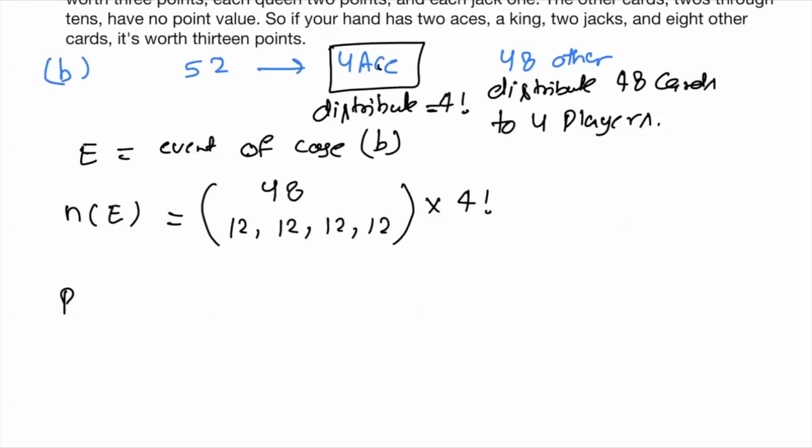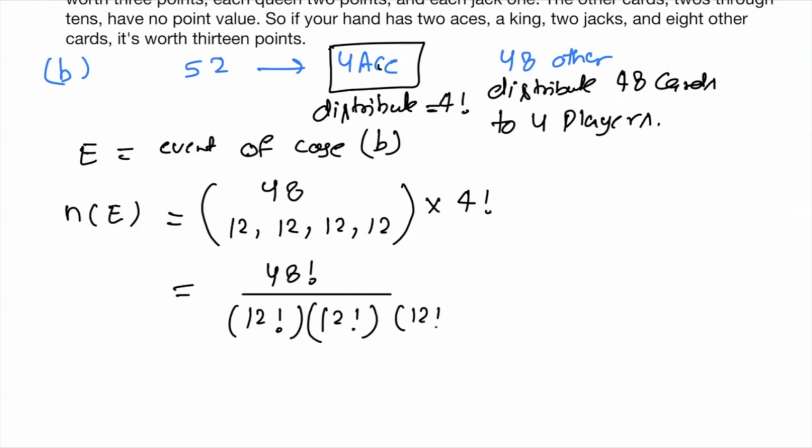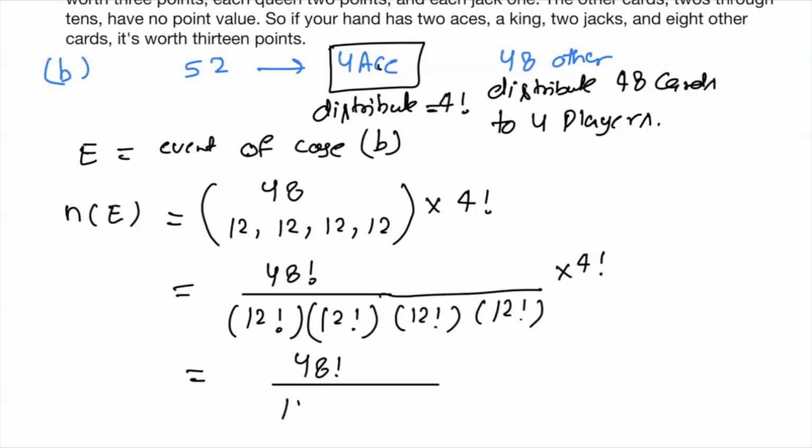So what is the probability in this case? Before the probability, let me just again simplify the above structure. It will be 48 factorial divided by 12 factorial, 12 factorial, 12 factorial, 12 factorial, multiplied by 4 factorial, may be written as 48 factorial divided by 12 factorial whole power 4, multiplied by 4 factorial. This will be our n(E).